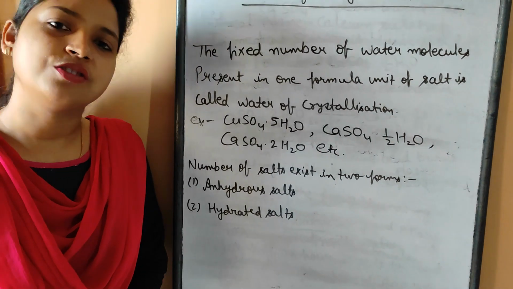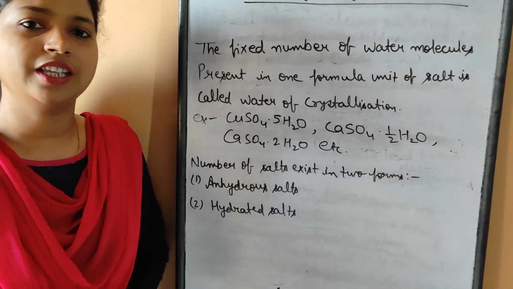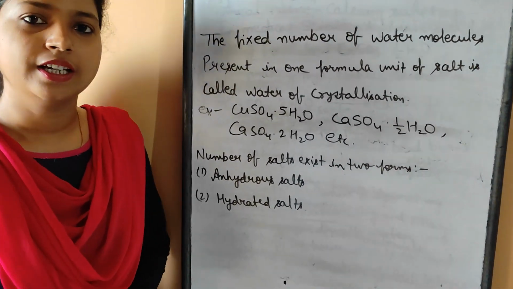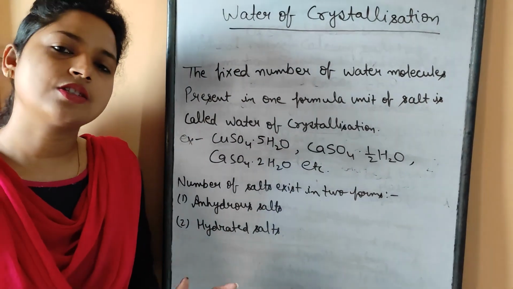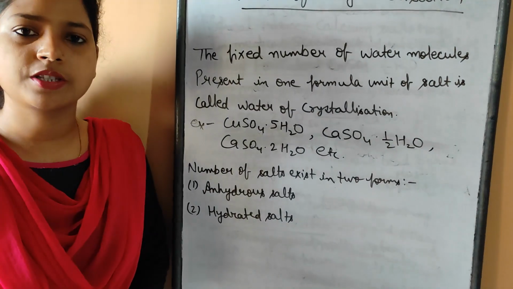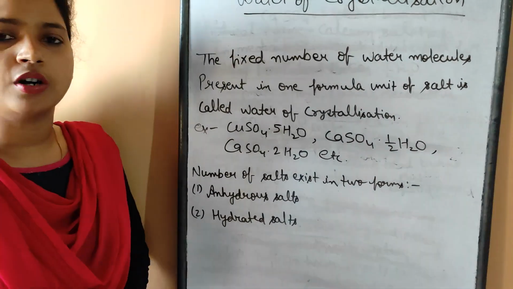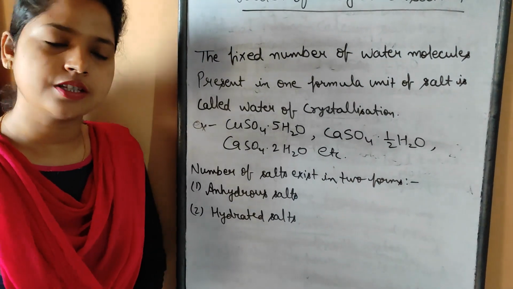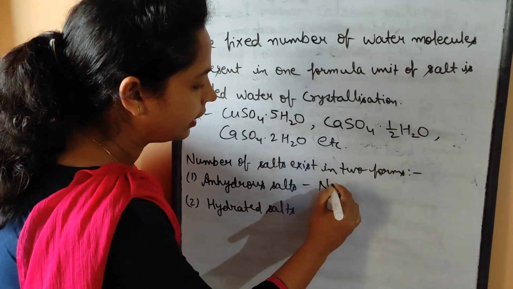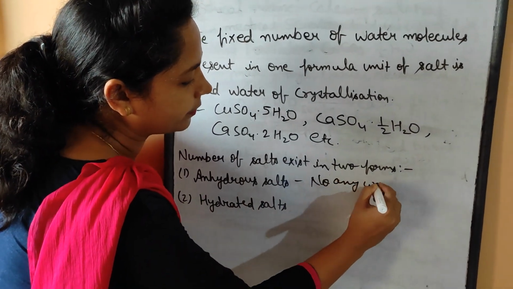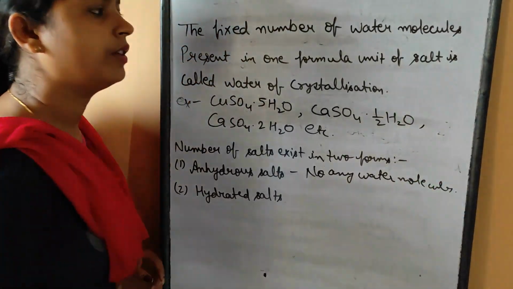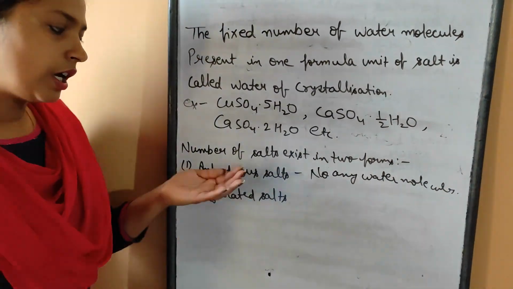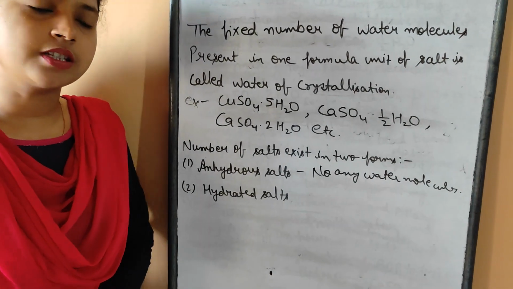So students, do remember, it is not necessary that the salts are always dry. So salts can exist in two forms. First is anhydrous, meaning no water molecule; the salts which do not have water of crystallization are called anhydrous salts.